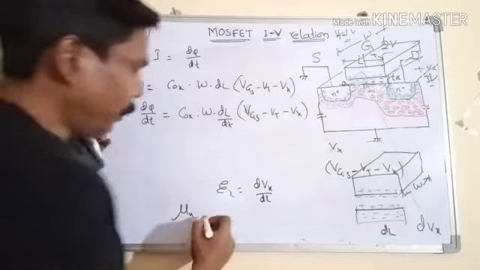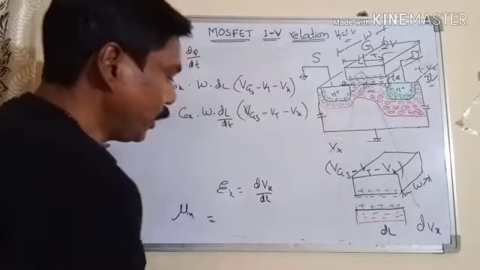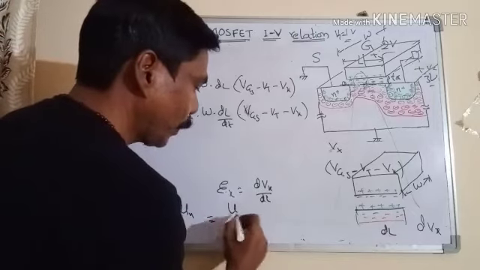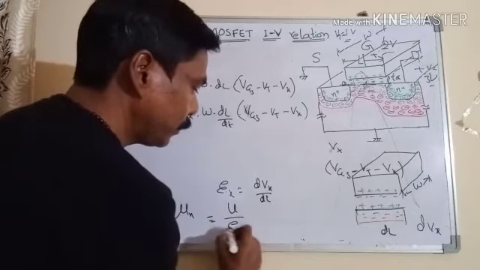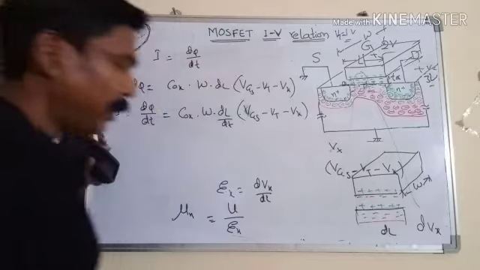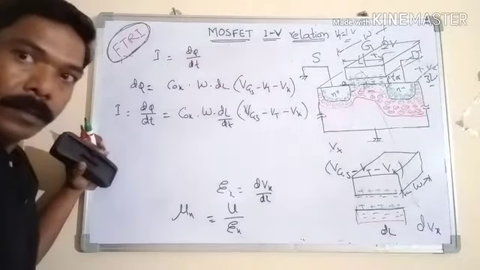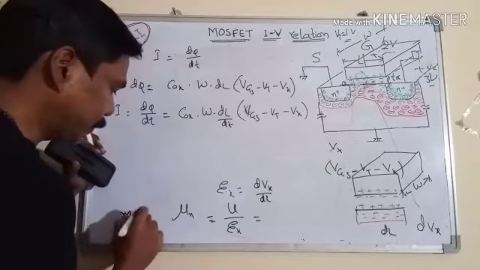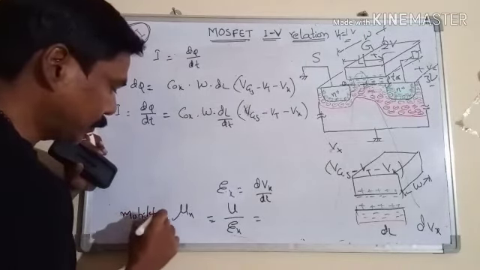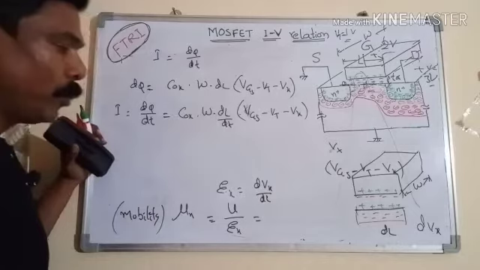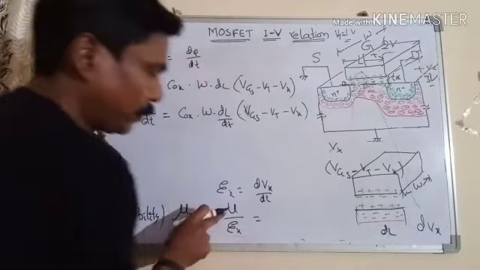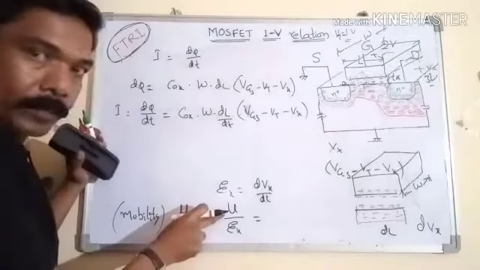So mobility is velocity per unit electric field: u by Ex is the mobility of mobile charge carriers, here electrons. u is the drift velocity.